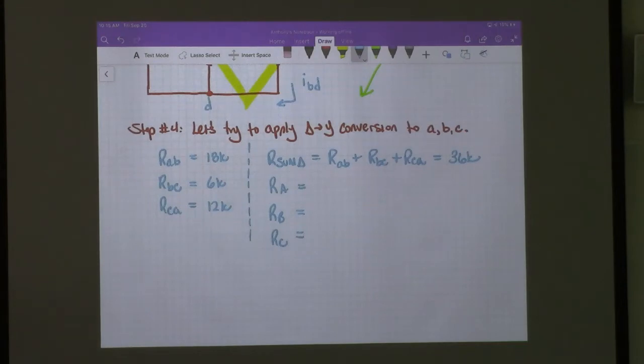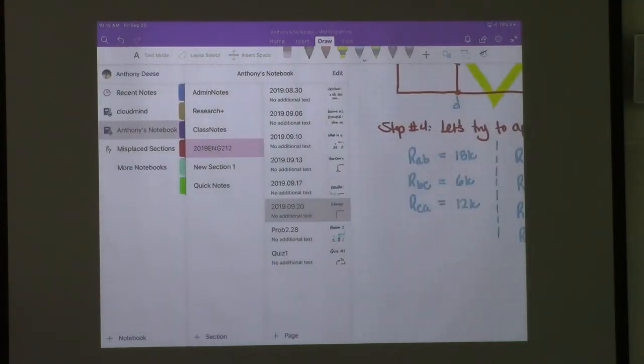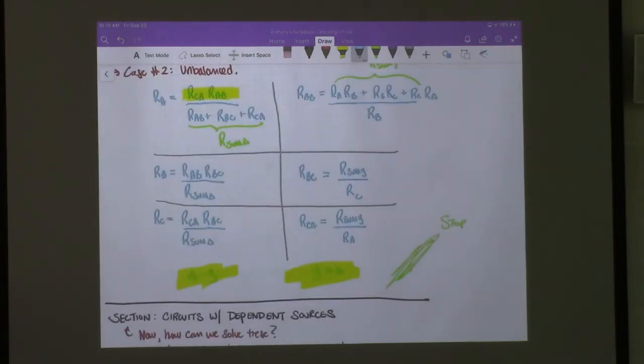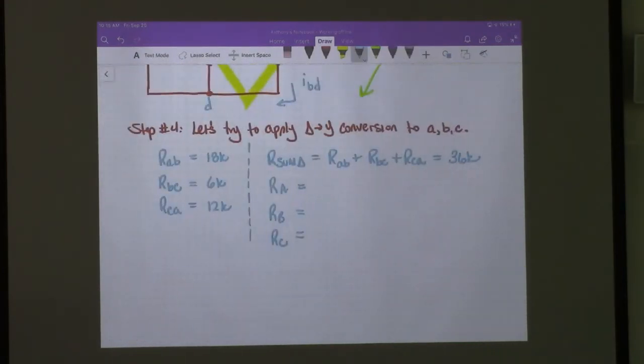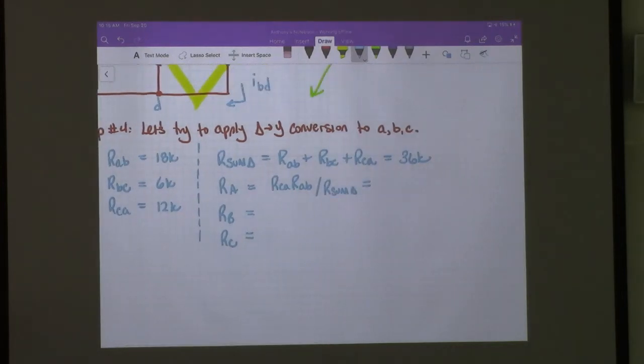Okay, so going back here again, the rest of the equation is simply, for the first one, RCA RAB. So what's 12,000 times 18,000? Well, do you mind if I just write the answer? It's 6,000.